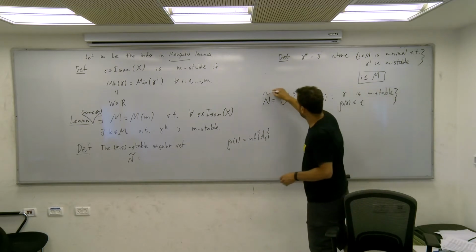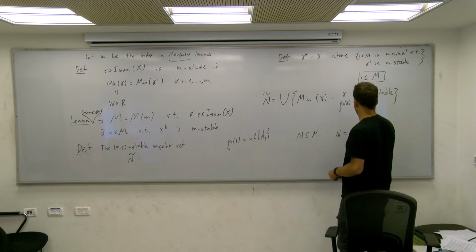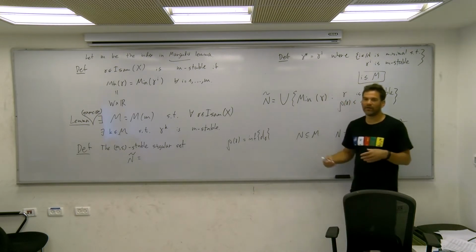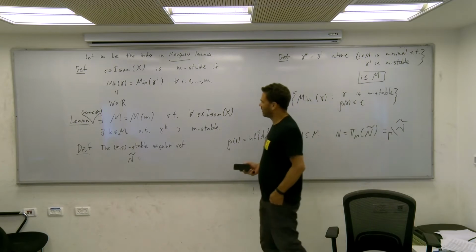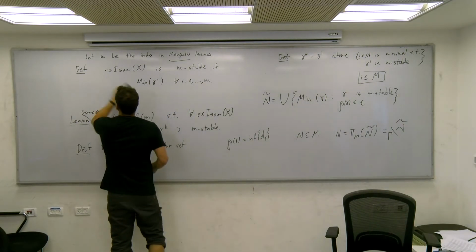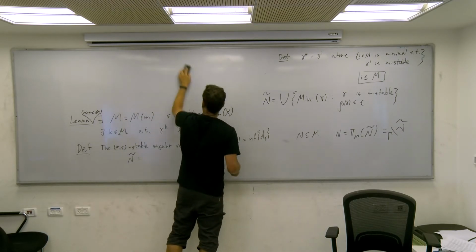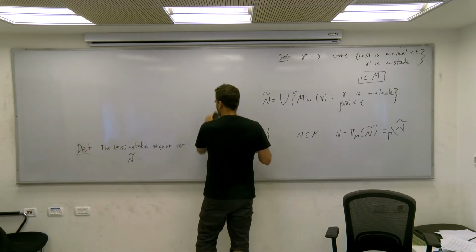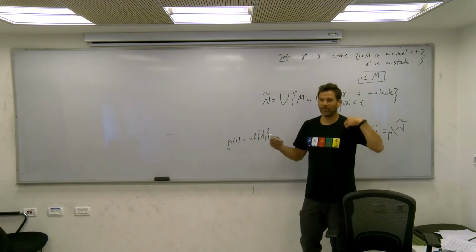So this will be N tilde, and N inside M will be the projection. N is the projection to M of N tilde, if you want N tilde divided by Gamma. So N tilde is a Gamma invariant set. Okay, and what I would like to prove is that there is a deformation retract from M minus N. So maybe I will make changes on the way, because the goal is something that I don't know how to do in full detail.